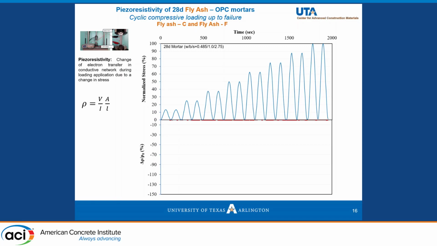So this shows that the plain mortars with fly ash C and fly ash F do not exhibit any ability to sense the applied compressive load. That's why it's nearly close to zero. In order to say that a specimen has piezoresistive ability, we should have a fractional change in resistivity higher than 5%.